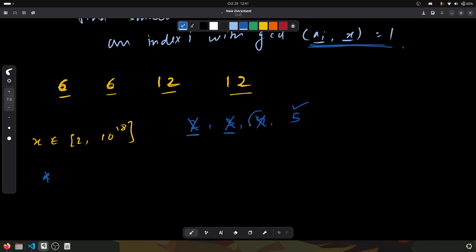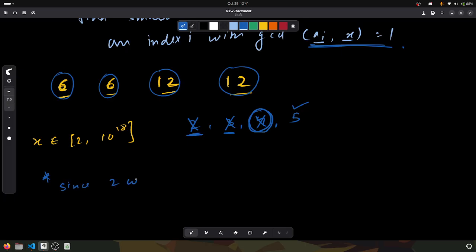So do we really need to check for 4? Because 4 has 2 as a factor, and if 2 was not co-prime with any of these, 4 will also not be co-prime with any of these.